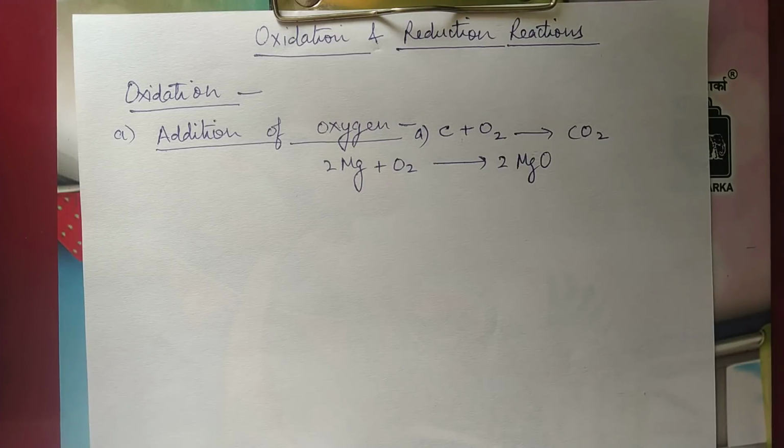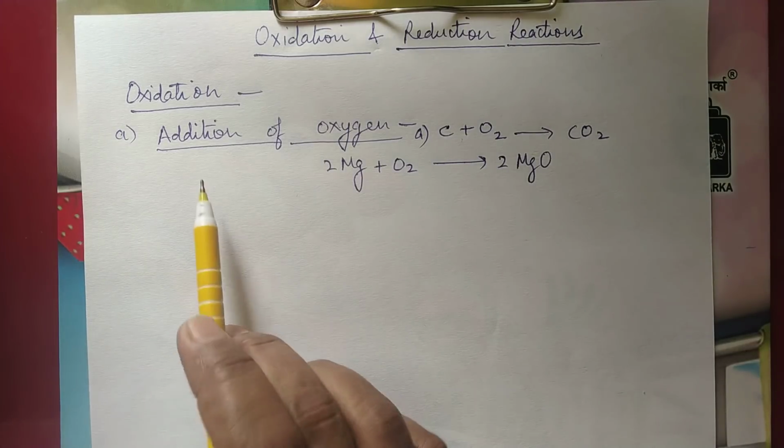There are some other ways also by which oxidation and reduction reactions take place. So today we are going to study in detail the various ways by which they occur, and I am going to first discuss the oxidation reactions.